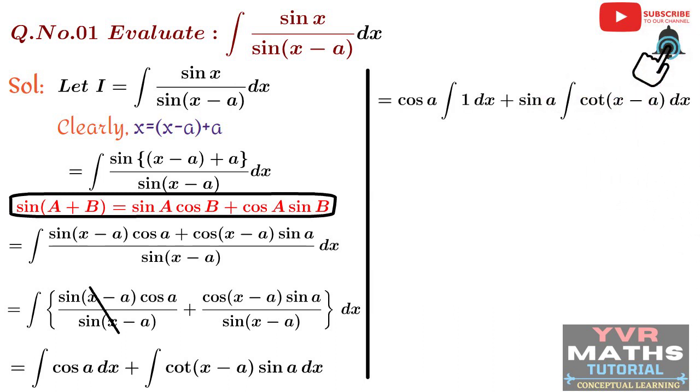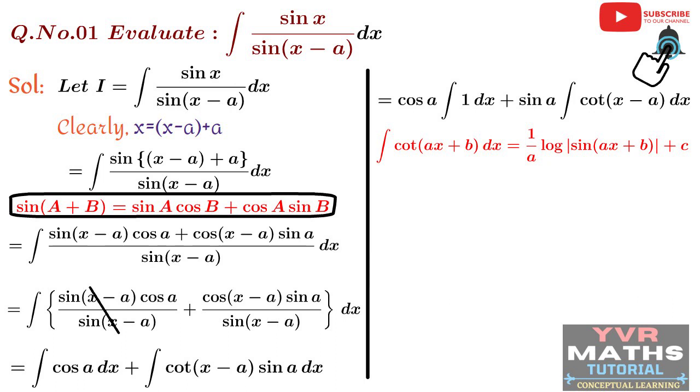If we observe here, the first term integration is x because integral 1 dx is x. And if you observe the second term, the integral is in the form of integral cot of ax plus b dx. So we know what the integration of cot of ax plus b dx is.